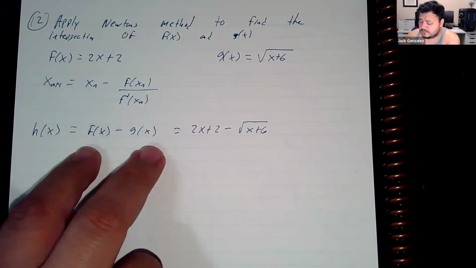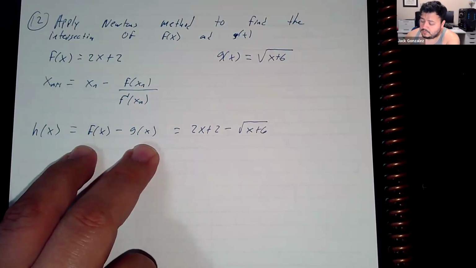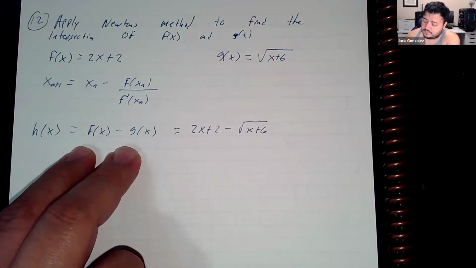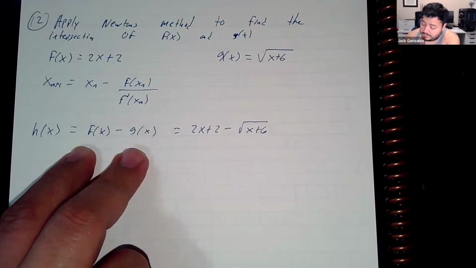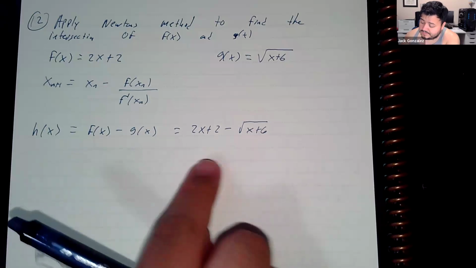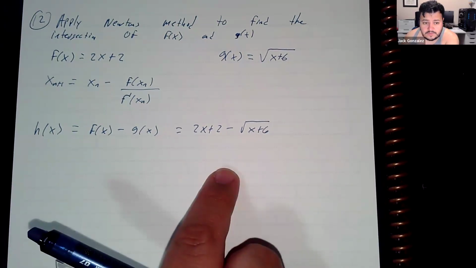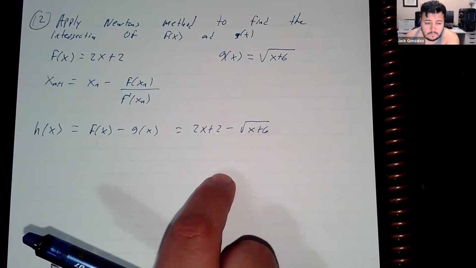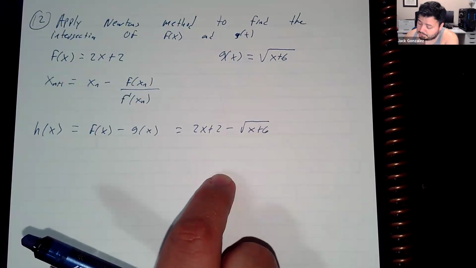Two functions are equal when they intersect. So that means if I subtract it over and solve for x, then I can find all the intersecting points. But since this is a weird looking function, we're going to do Newton's method.